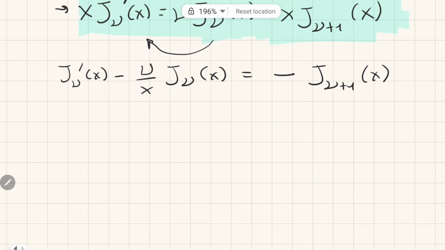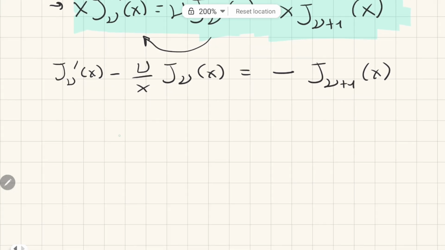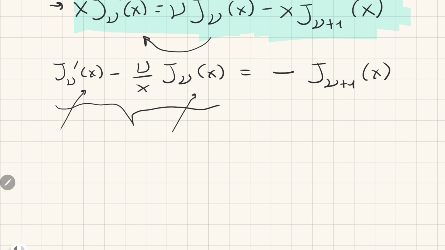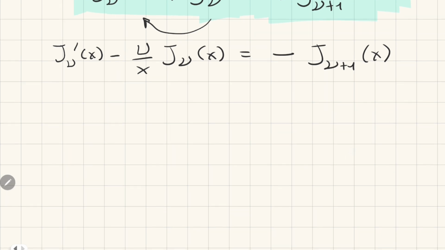And you know that when we want to express some things in differential equations that involve the first derivative and the function here as the derivative of a product, we need to multiply by an integrating factor, right? In this case, that integrating factor will be the function x to the minus nu. So we are going to multiply all this equation by x to the minus nu.